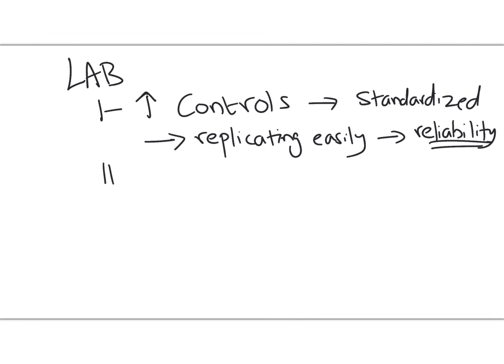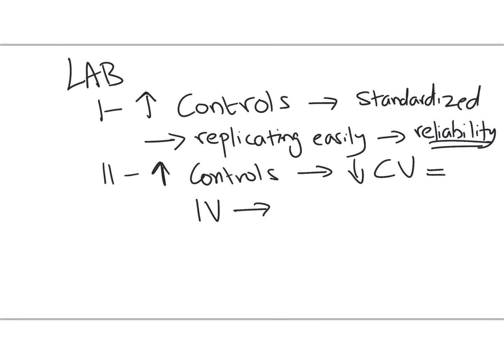Another strength, again, because there are high levels of controls. Now remember, when you have controls, what are you reducing? What are you eliminating? You are reducing confounding variables or extraneous variables. And when you are reducing extraneous variables, what does that mean? It means you are more confident that only the IV is affecting the DV, hence increasing validity.